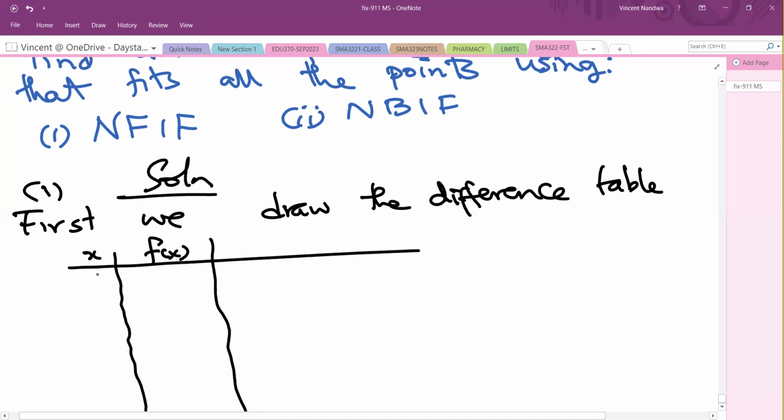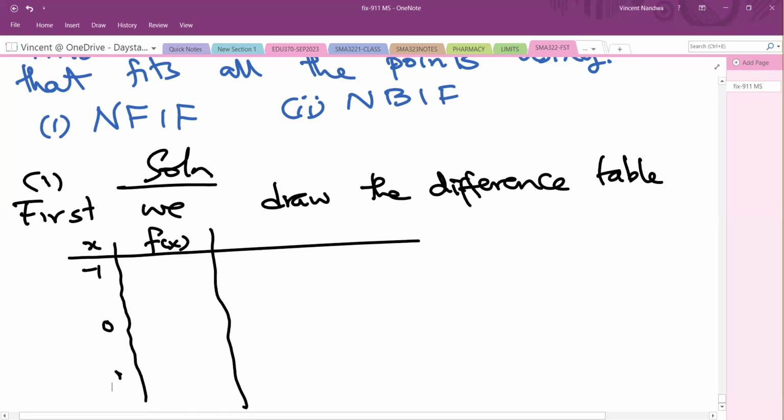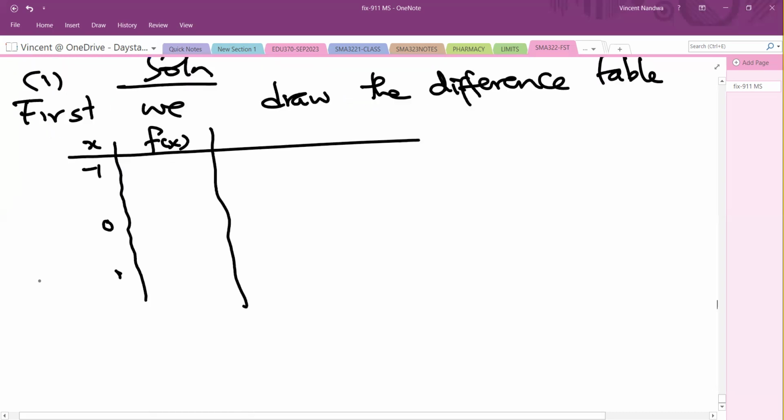So x begins from -1. You skip a line, then 0, skip another line, 1, then skip another line, then we have 2. Then when x is -1, f is 0. When x is 0, f is -1. When x is 1, f is 0. When x is 2, f is 15.